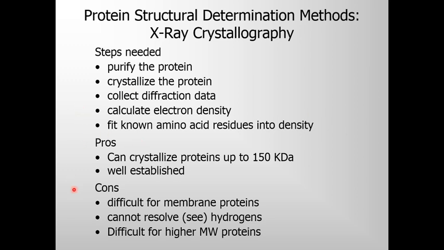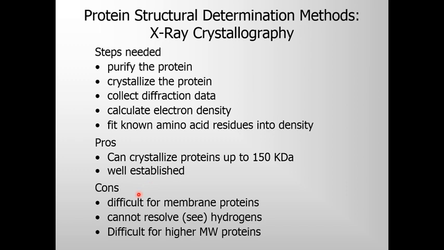There are certain pros and cons for this method. The pro is that it can crystallize proteins up to 150 kilodaltons, and you can obtain the structure of these crystallized proteins. This is a well-established methodology.